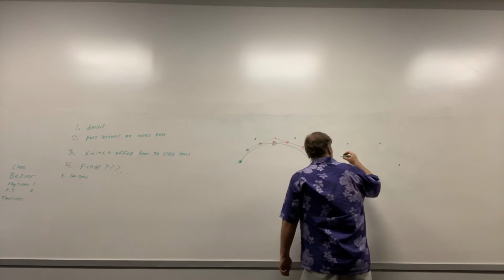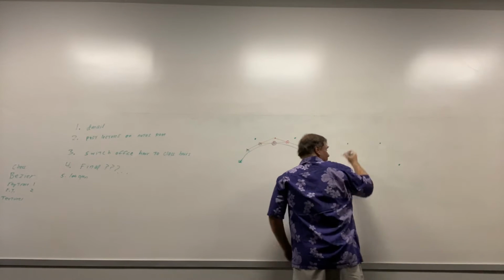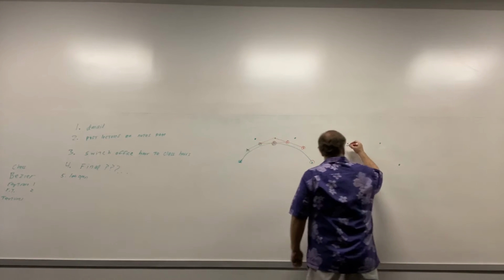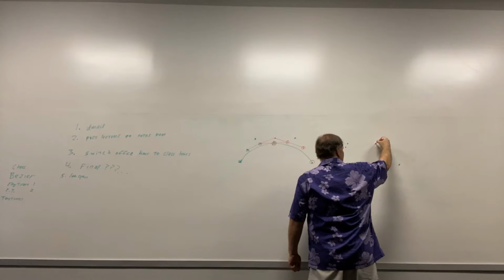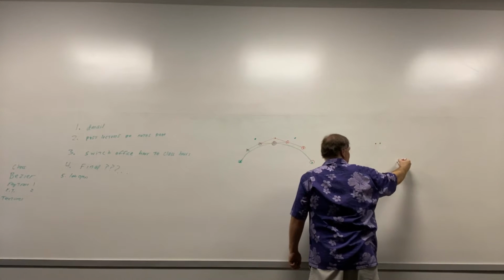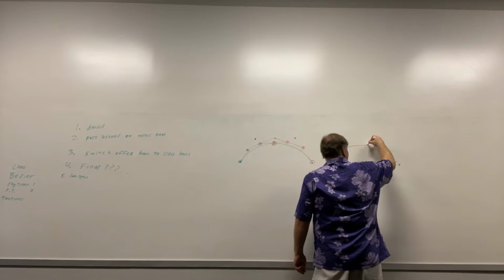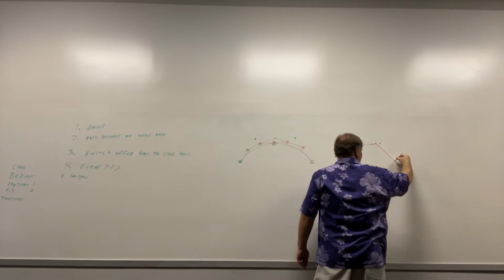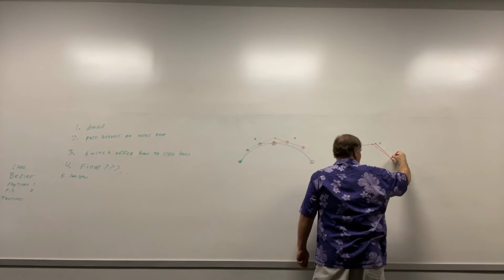So then I would find a point 9/10 of the way from here to here, and 9/10 of the way from here to here, and 9/10 of the way from here to here. And then I would find a point 9/10 of the way from here to here, and 9/10 of the way from here to here. And then I would find a point 9/10 of the way from there to there.